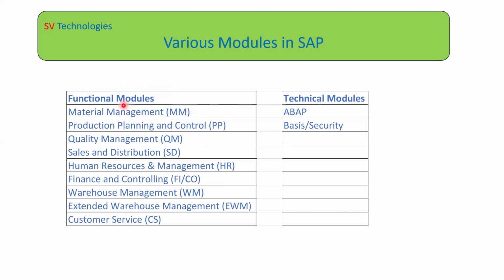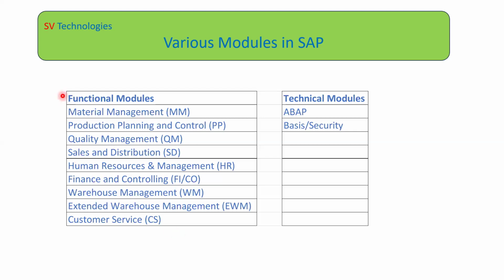Under the functional modules, the module course we are learning, production planning and control, is a functional module. We have other modules like material management, quality management, sales and distribution, HR, finance and controlling, warehouse management, extended warehouse management, customer services, plant maintenance, and so many other modules out there.